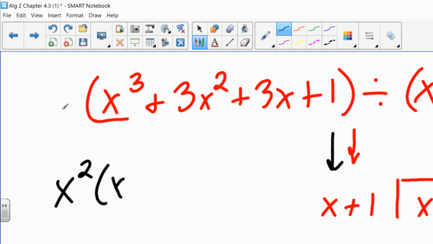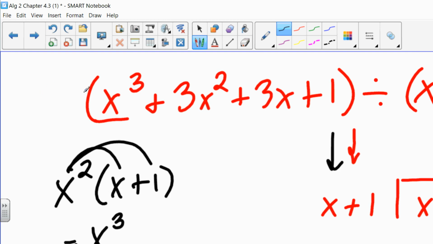Because we'll do x squared times x plus 1. Now x squared times x is x cubed. X squared times 1 is plus x squared. And then we'll put it underneath.